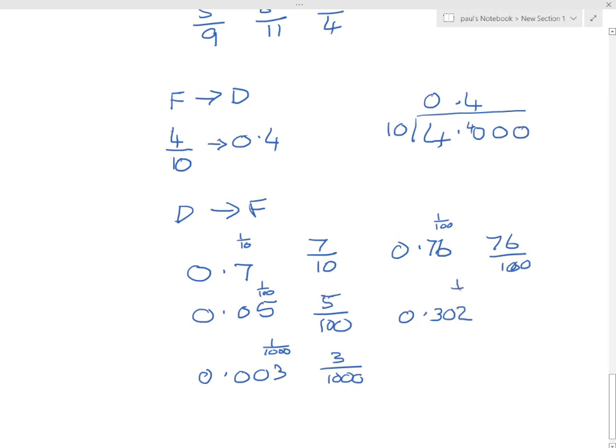The last number is in the thousandths column, so it will be 302 over 1,000. Let's do another one. 0.021. This is in the thousandths column, so this will be 21 over 1,000. So that's how to change fractions to decimals and decimals to fractions.